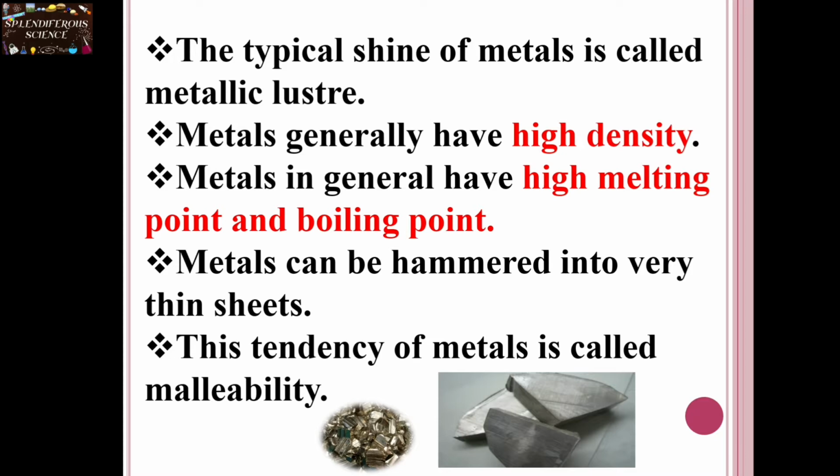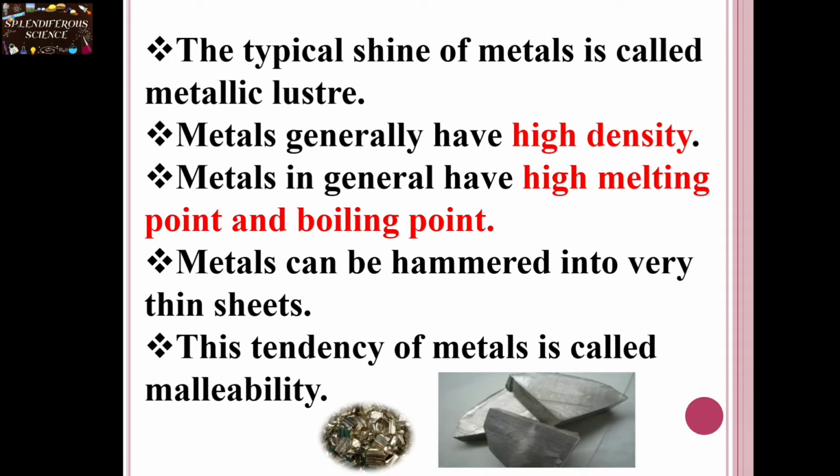Boiling point is the exact temperature at which the substance transfers from a liquid to the gaseous phase. So metals in general have high melting point and high boiling point. Next, what is malleability?